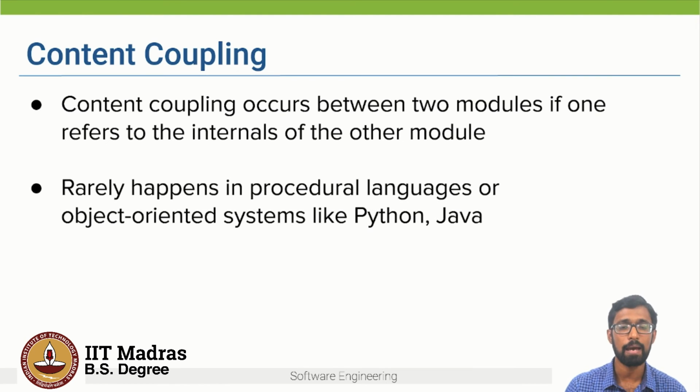This rarely happens in procedural languages or object-oriented languages like Python and Java, because the data and the member functions are encapsulated to form a single unit. So content coupling rarely occurs in real practice.